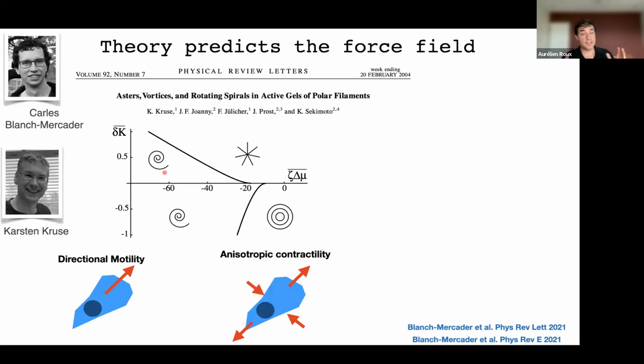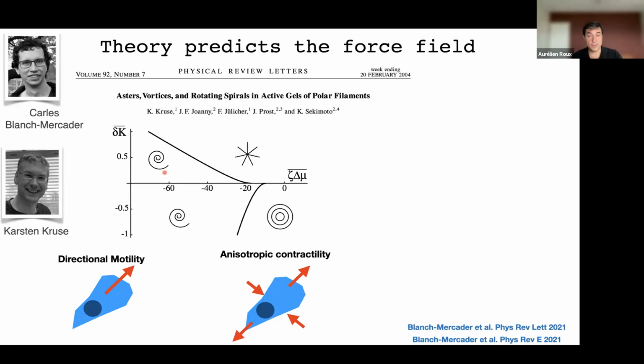The first one is what is called directional motility, or just the fact that elements can move with a certain persistence in their movement over a certain distance. So essentially it's motility. And the second one is what is called anisotropic contractility, the fact that the element can contract in different directions with different forces.